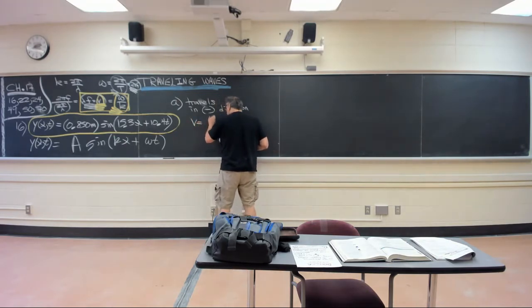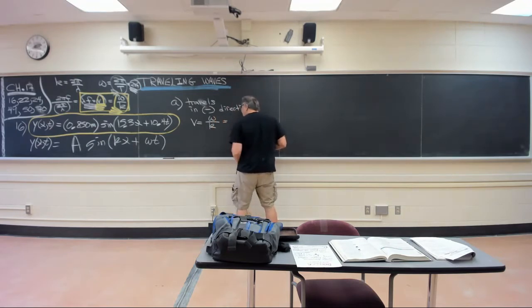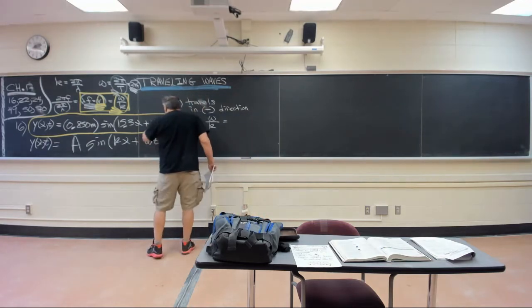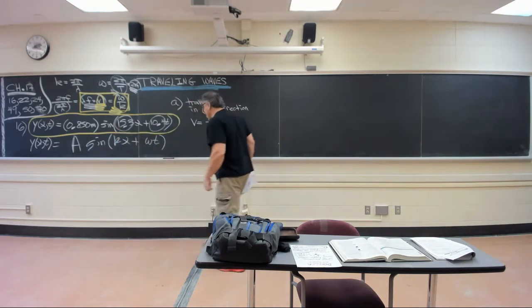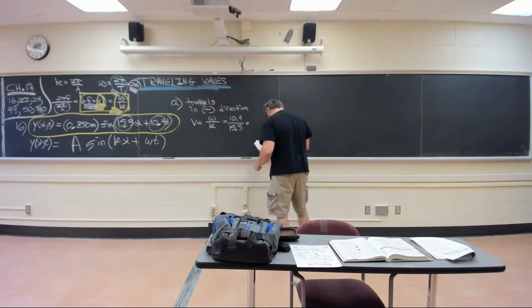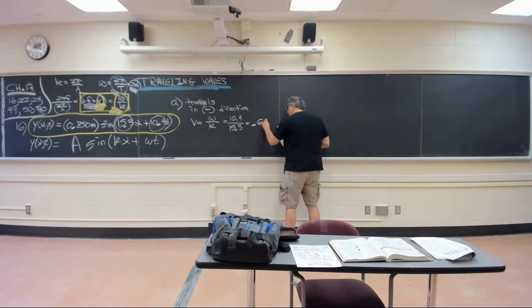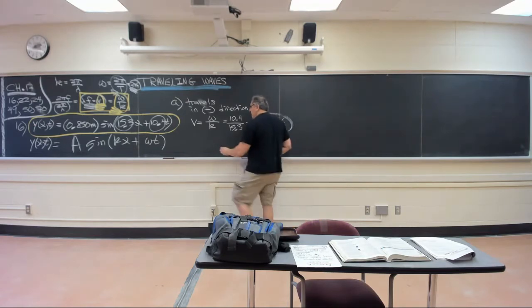The speed is omega over k, because it's 2 pi f divided by 2 pi over lambda. Well, what's omega? Omega is this, and k is this. All the appropriate units are in place. 0.680 meters per second is the propagation speed.